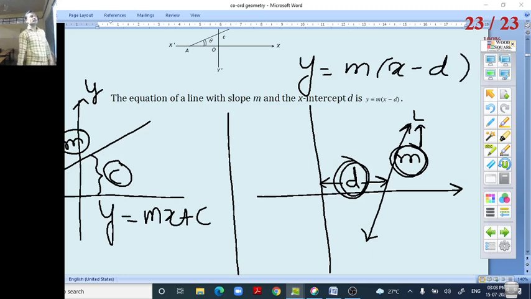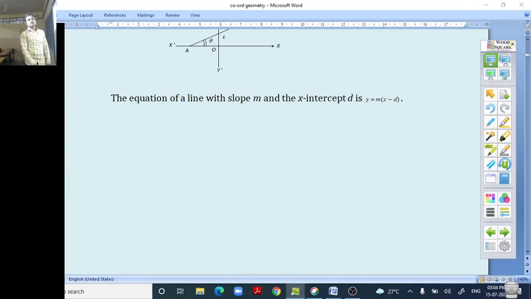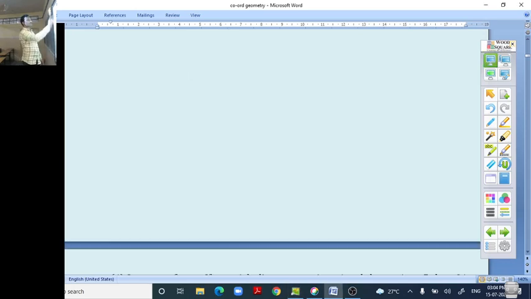This is the equation of a straight line in x-intercept form, whenever the x-intercept and the slope of a line are given.